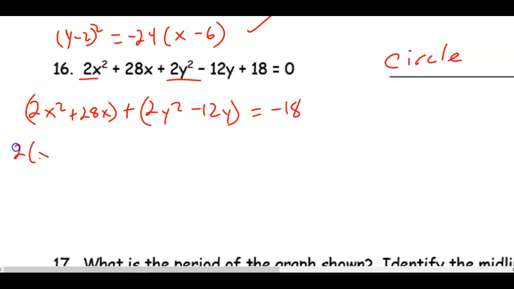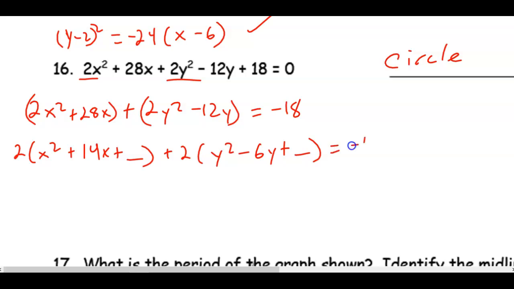Factor out a 2, so plus 2 times y squared minus 6y plus a space, equals negative 18 plus 2 times the space plus 2 times another space.